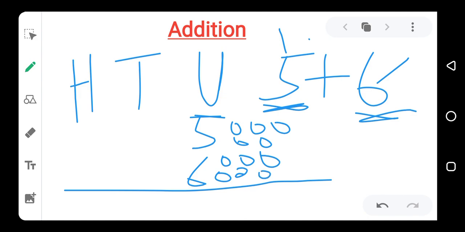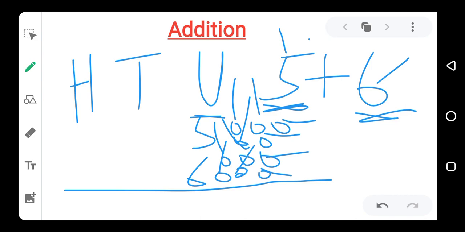Now we count all the circles. 1, 2, 3, 4, 5, 6, 7, 8, 9, 10, 11. So the circles, they are 11. That means that 5 and 6 is equal to 11.